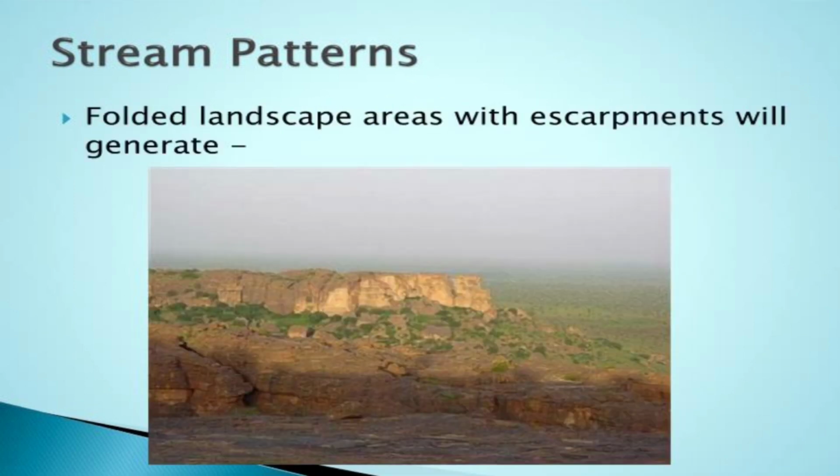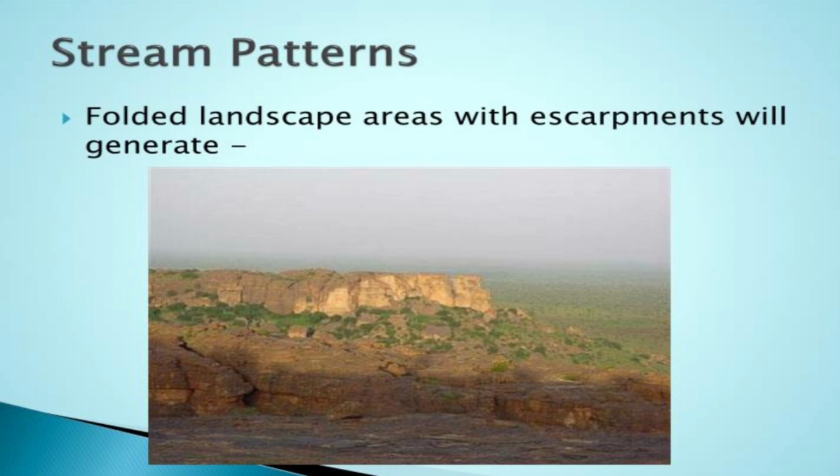The second pattern is the trellis pattern. It is a rectilinear pattern formed where two sets of structural controls occur at right angles. In a trellis drainage pattern, the river forms a net-like system and the tributary streams of each class flow roughly parallel to each other.